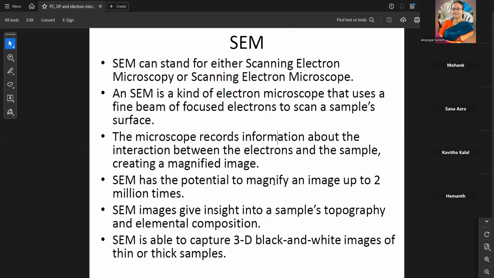With SEM, we get insight about the sample's topography, which means the surface composition, and we also come to know about its elemental composition. SEM is able to capture 3D images. They are black and white, not colored. Whether you have thin or thick samples, it can deal with them and give you 3-dimensional black and white images.